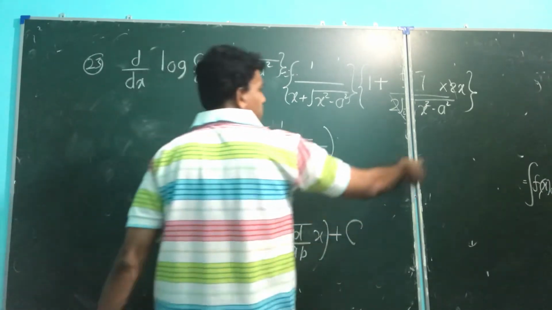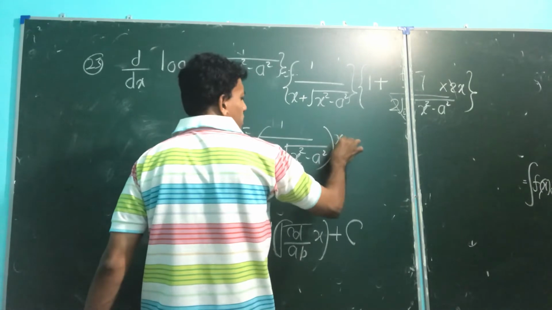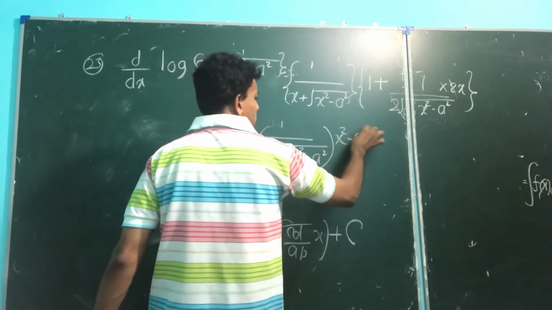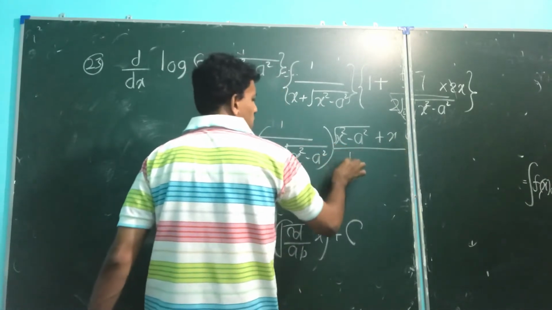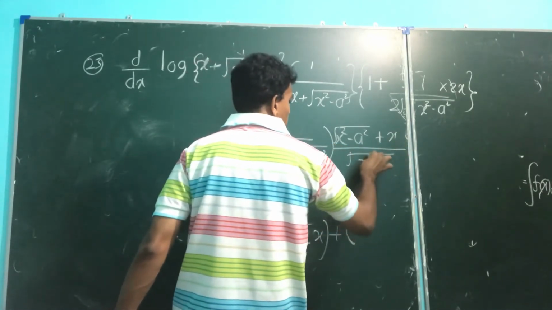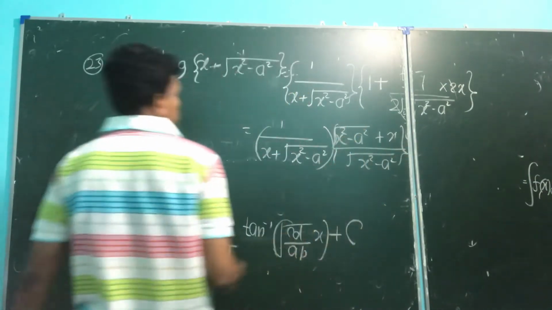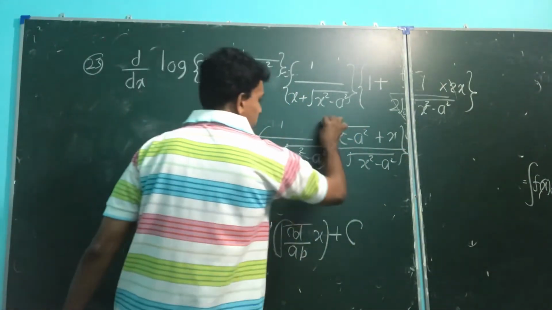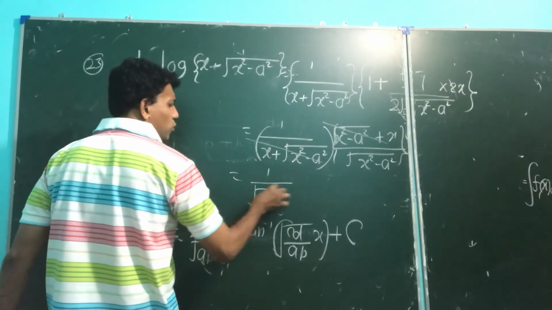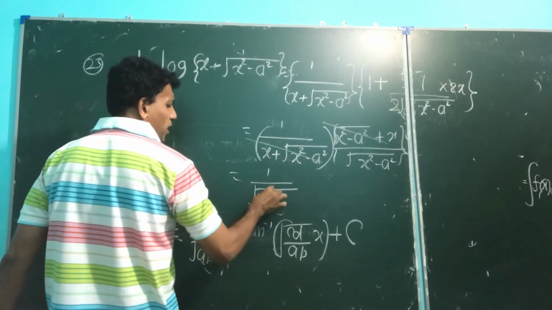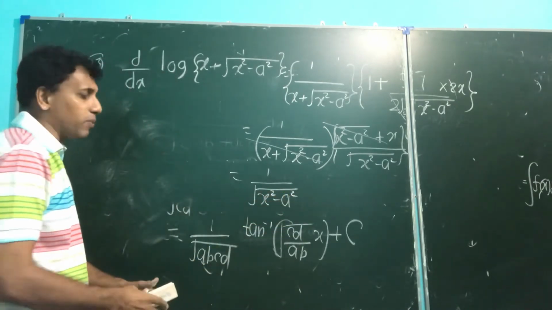After cancelling the 2, you can cross multiply the square root here: square root of x square minus a square plus x over square root of x square minus a square. Now see, this cancels. Finally, 1 over square root of x square minus a square. That's the final part.